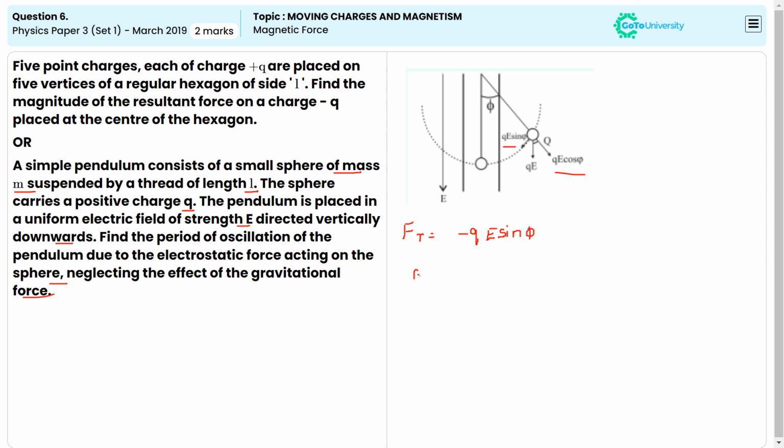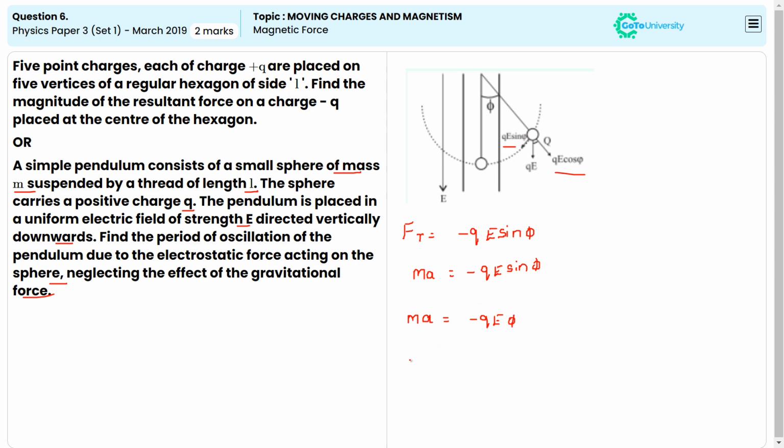Then we also know that MA is equal to minus QE sine phi. Then phi is very small. When phi is very small, then MA is equal to minus QE times phi.